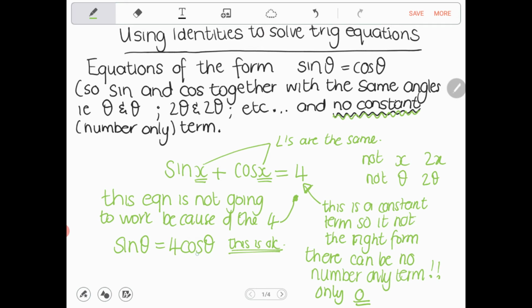You have a 4 times cos theta and your angles match here. My angles are both theta, they match, and there's no number only term. So this one is going to work with what we are about to see. So that's what we need to look for: angles are matching, you need a sine and a cos, and you can have no number term.